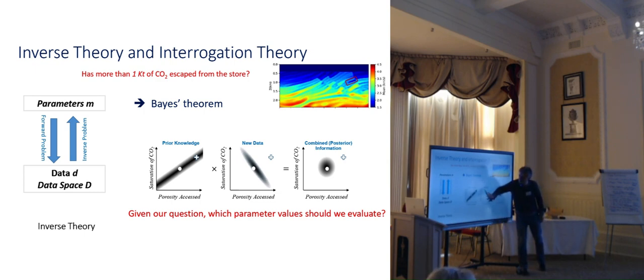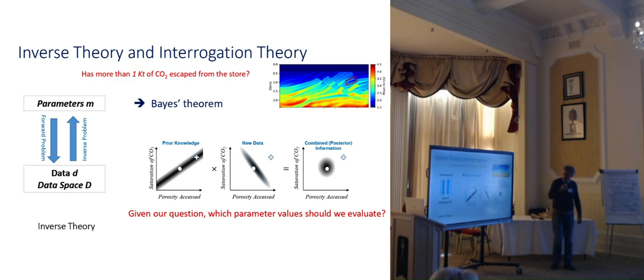Bayes' rule says multiply this point by point with this to get the answer. So if you just look at, say, the circle here, it has a high prior probability and a high probability from the data, so it ends up with a high probability here. The cross has a high prior probability, but the data says no. It excludes that possibility, and so it's got a low probability.